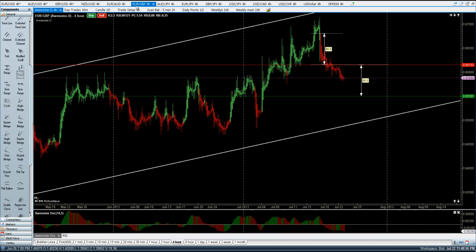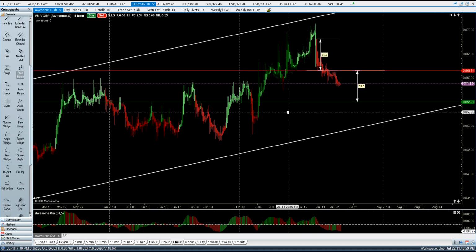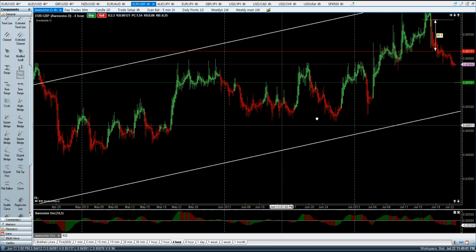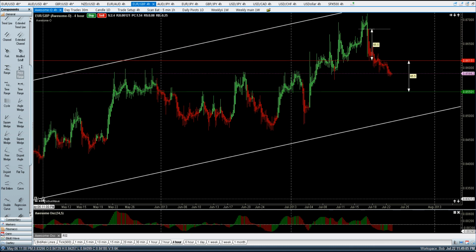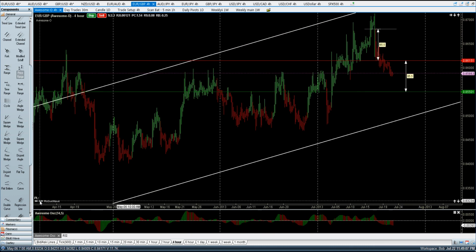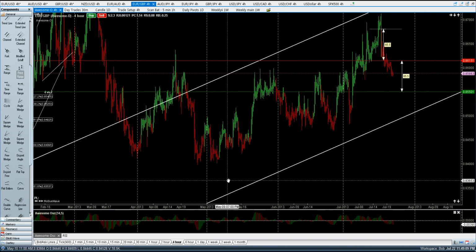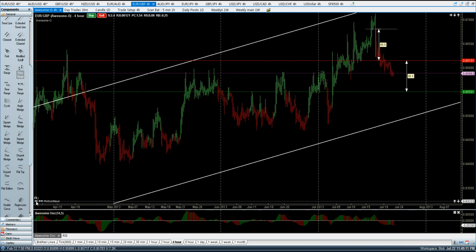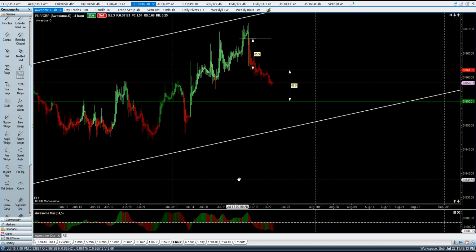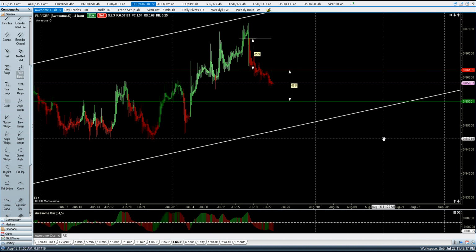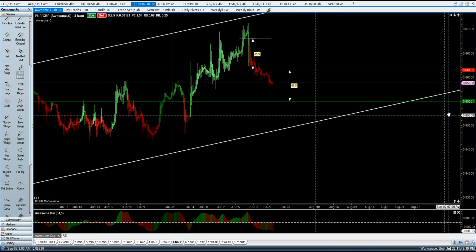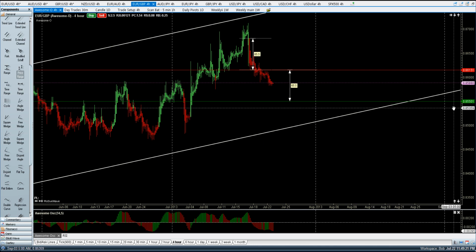Euro pound. Not really sure what that channel is there. But anyway, we did have a zero line cross, triggered at 86.15, target of 85.55.